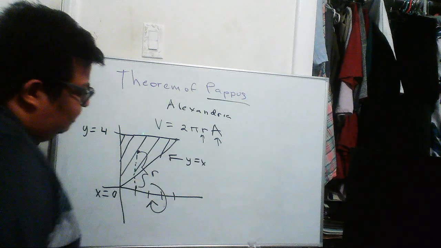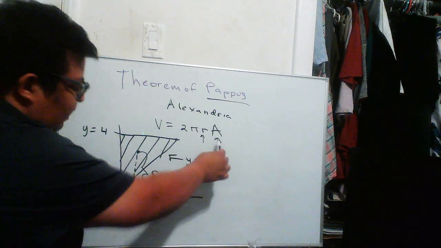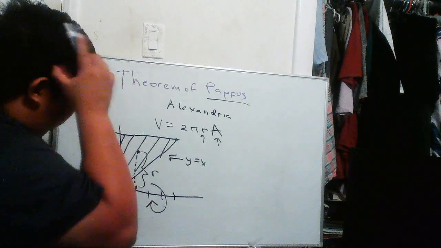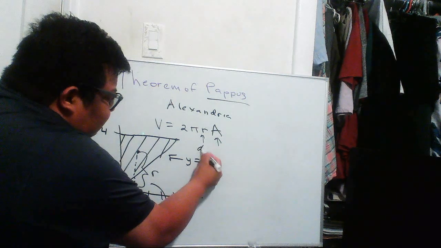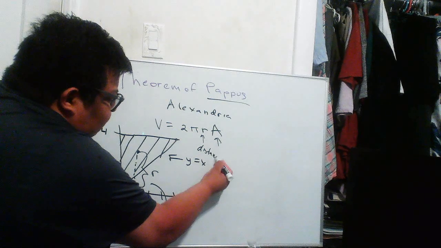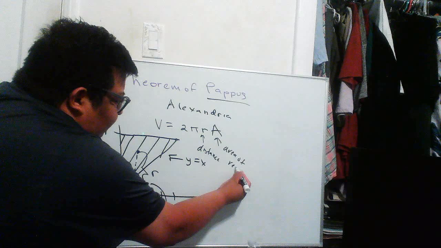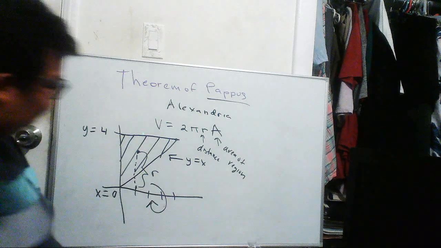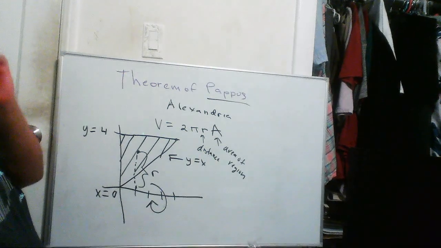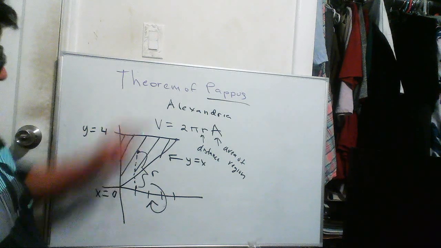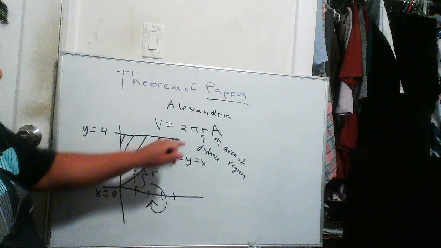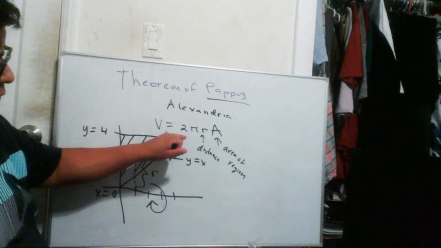And A is the area of the region. So that's what the Theorem of Pappus says. It gives you the formula for the volume.